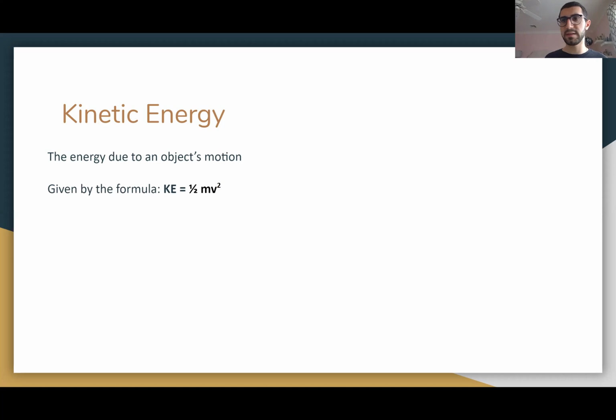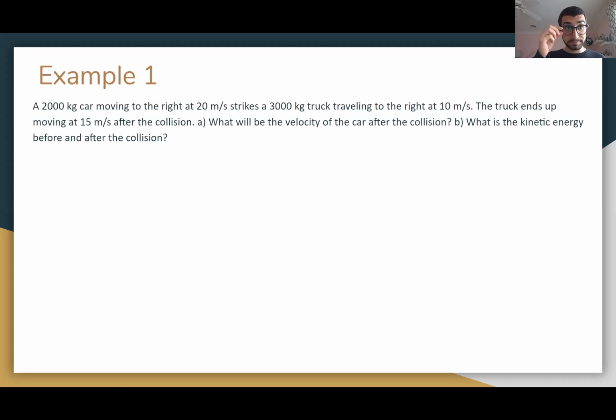M is the mass and v is the velocity. And why do we need to know this? Well, we will use the kinetic energy to distinguish different types of collisions today. So let's do just that.